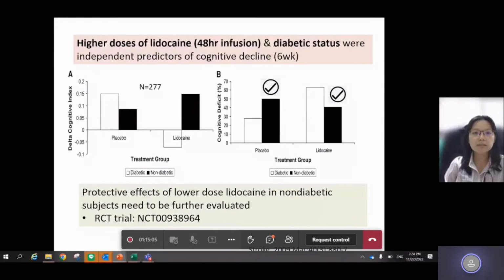But they found lower dose of lidocaine might be beneficial. So there is a clinical trial doing a low-dose lidocaine infusion in non-diabetic subjects, and the registration trial number is listed below in this PowerPoint. The data is not published, so let's see what they are going to tell us afterwards.